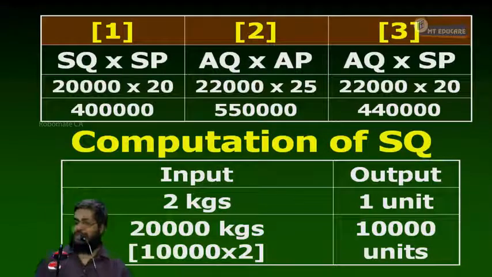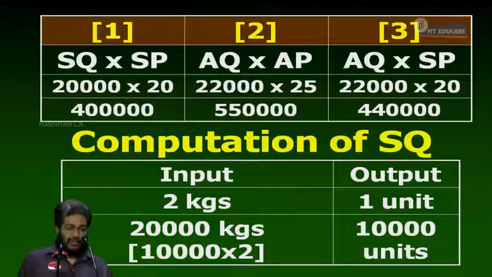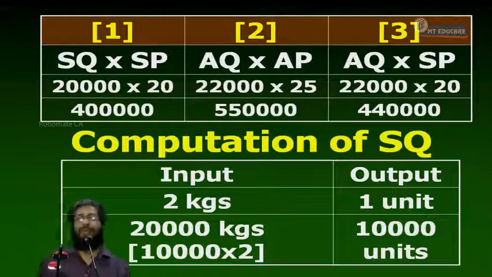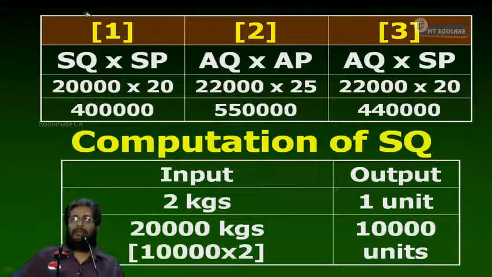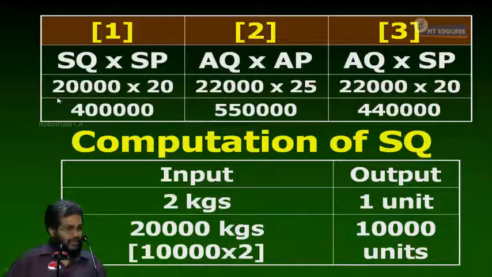Now, please copy this before you go to the next stage. Write question number 1. In that, write step 1, computation table. You copy the computation table, then write the working note. What is the working note? Computation of SQ. In that, SQ of 20,000 kgs came, or not? How did it come? Through this computation.